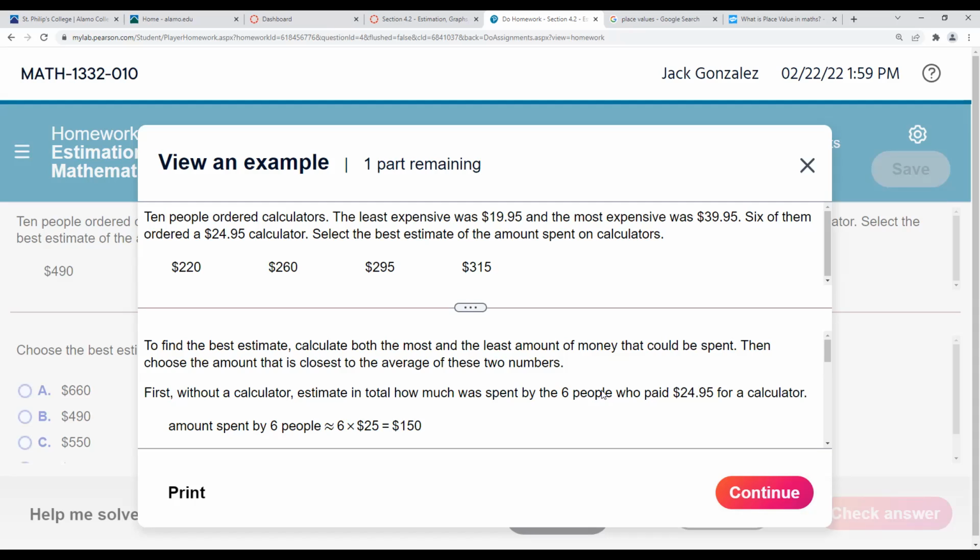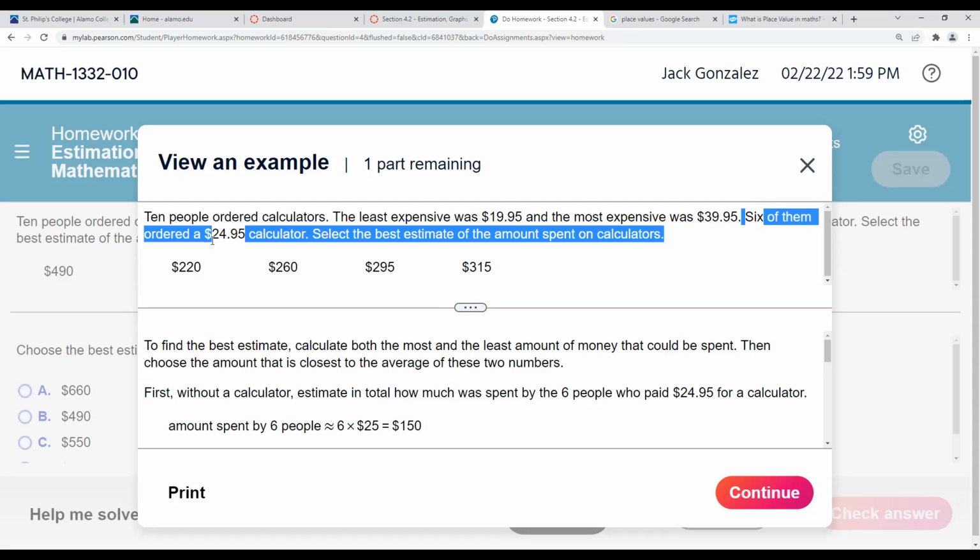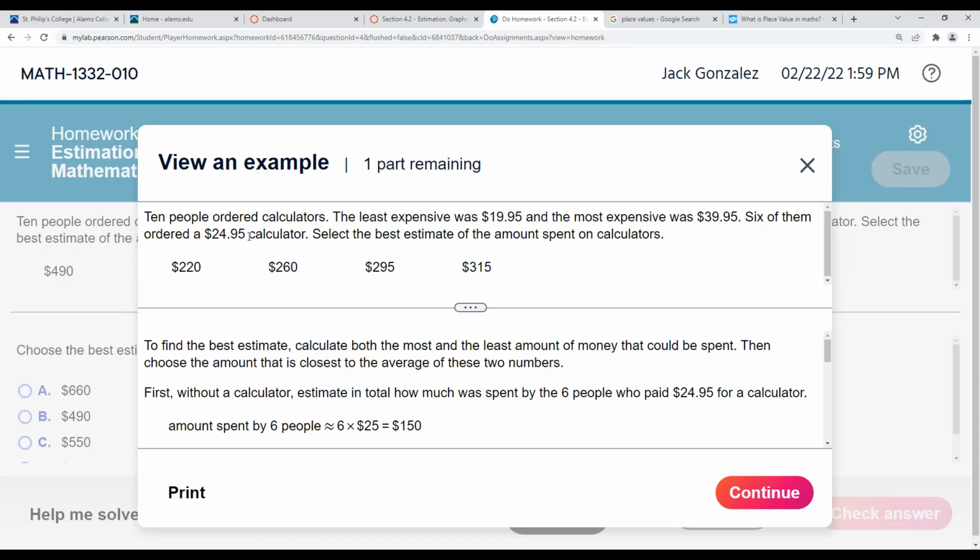So what you're supposed to do is make an assumption and then average those assumptions together. That gives you the best estimate because you can't find the exact number. So assume 2 people bought the cheap ones and 2 people bought the expensive ones, average them together, and that will be your total added to the 6 that we do know. Does that make sense?